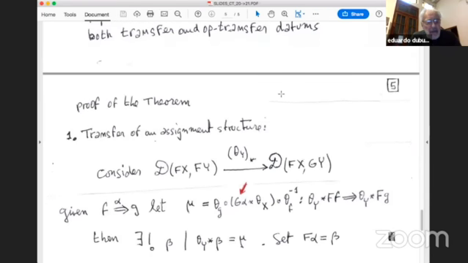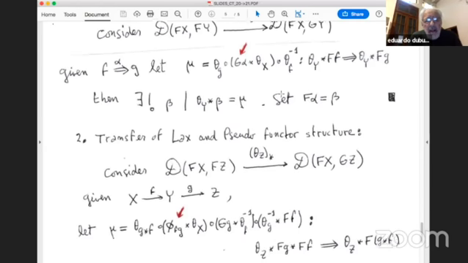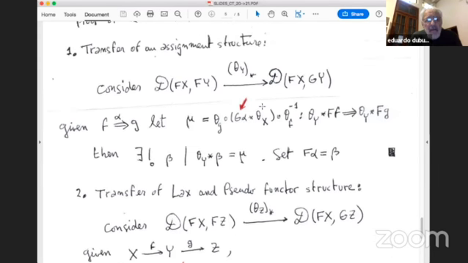Now, to have an idea of the proof, it is just impossible to explain all these equations, but you will see. Suppose we want to transfer the definition of G in a two-cell for F. Then we consider this mu, which is a two-cell here in this D, and here you see I signaled the definition of G in alpha.